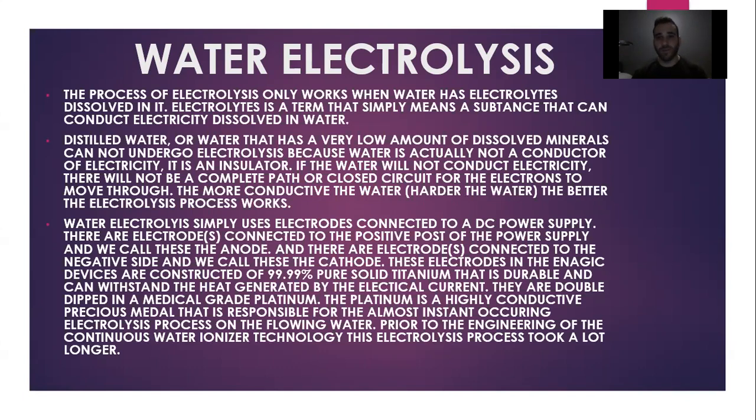Because of the platinum and the high conductivity of this metal, they're able to build these electrolysis chambers now and flow the water through over these plates, and because of the platinum, you're getting that instantaneous split in the water. Okay, so that's the purpose of the platinum. So the quality of the metals, the construction of the plates and the quality of the platinum is very crucial to these products.